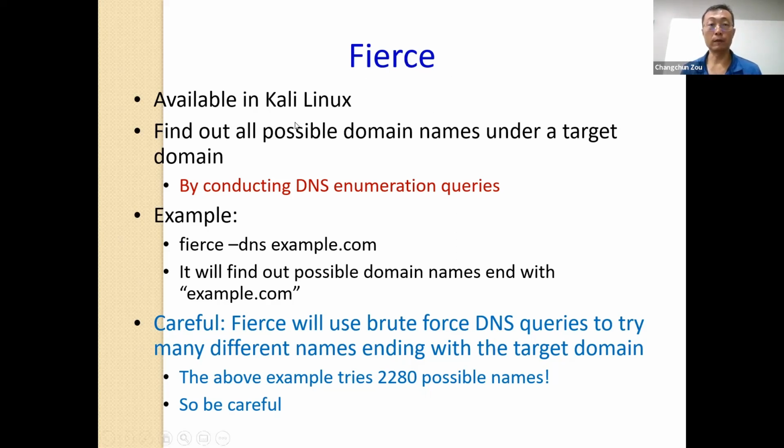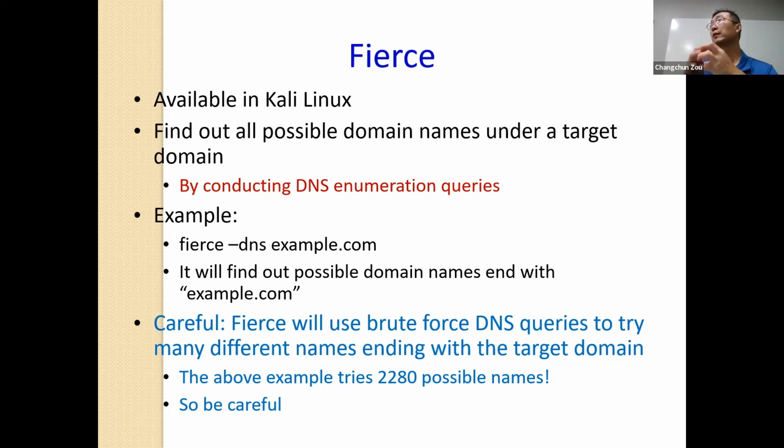Fierce is also available in Kali Linux. It tries to find out all possible domain name under target domain. Remember here, all possible domain name. So it's still using DNS server to do this information gathering. So it doesn't send any real traffic to the target company. It just sends DNS query to DNS server.